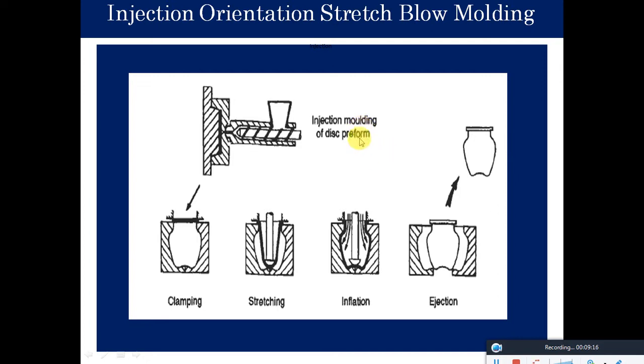And injection orientation stretch blow molding. See here, you have already seen injection molding. The same principle is used here to make the preform. That is, you have a hopper here. This hopper is allowed to take the raw material, and there is a heater around this barrel, and this heater will melt the raw material so that it slowly gets into the screw of this injection arrangement.